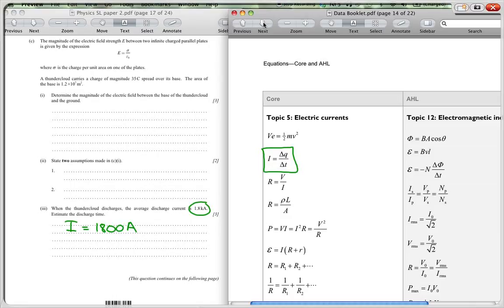So from this formula, the time is equal to Q divided by I. The Q was 35 C divided by 1,800 amp, and we will get from that our time, which turns out to be 20 milliseconds, 20 times 10 to the negative 3 seconds.